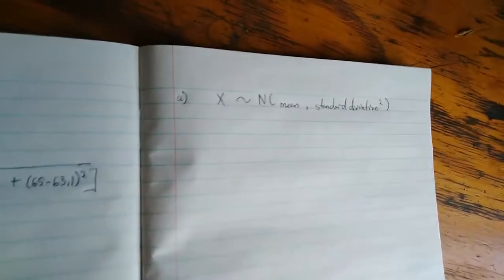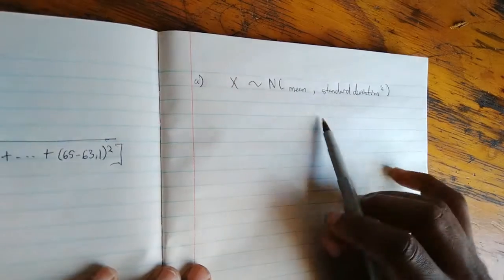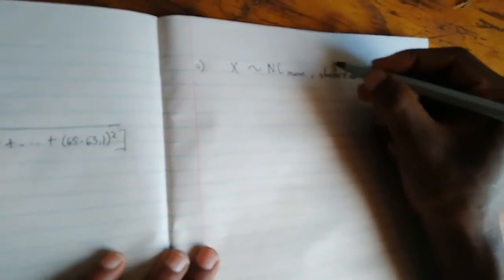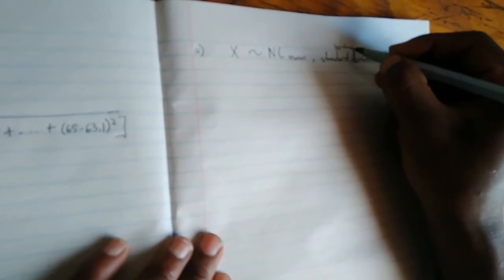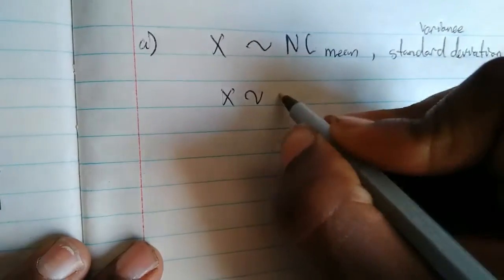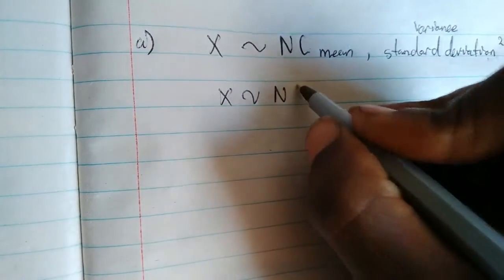This is how you write your normal distribution, or instead of standard deviation, you can write variance. So it depends.